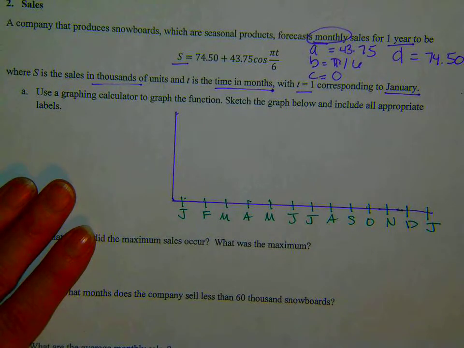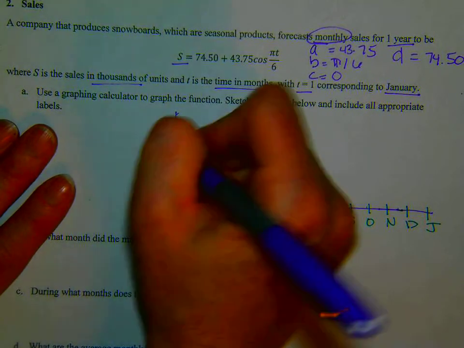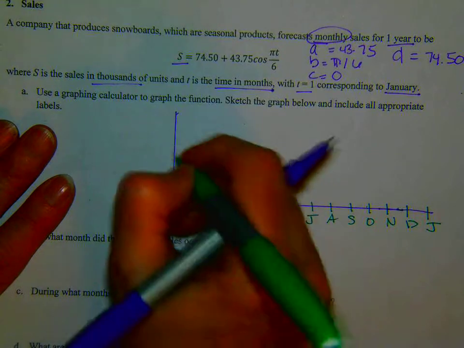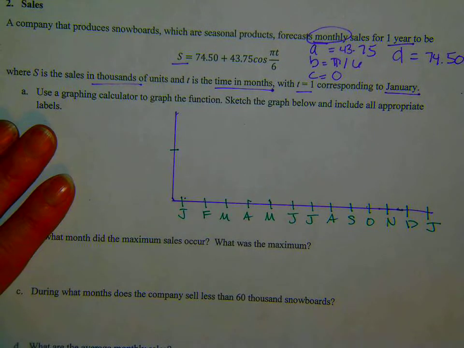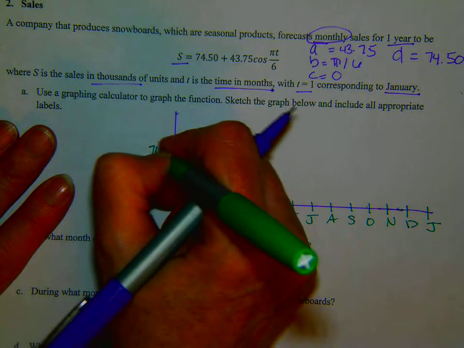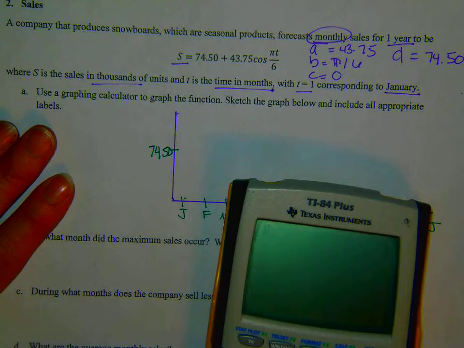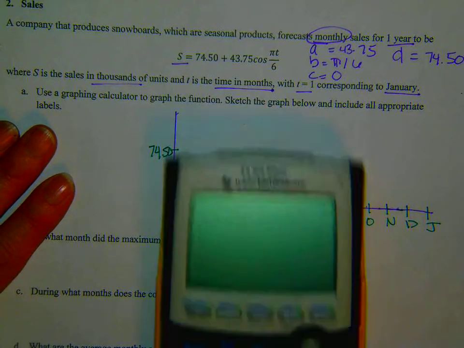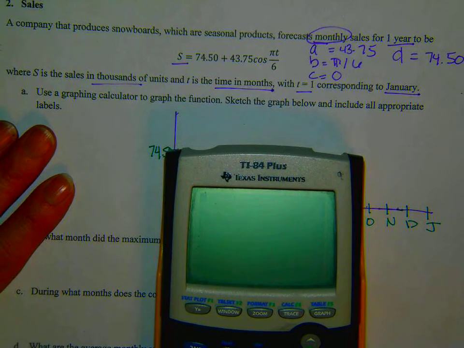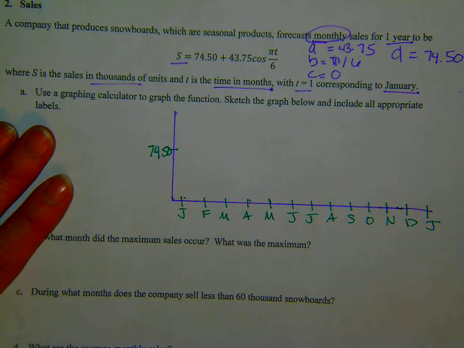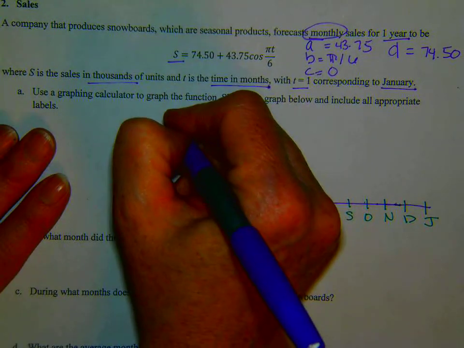What else do we know? We know what D is. So we're going to put D right in the middle. Okay? We know that D is 74.50. We know what our amplitude is. So let's calculate what our max is going to be. If we know that 74.50 is our D, then we know we're going to add A to it, 43.75. So our max is going to be 118.25.